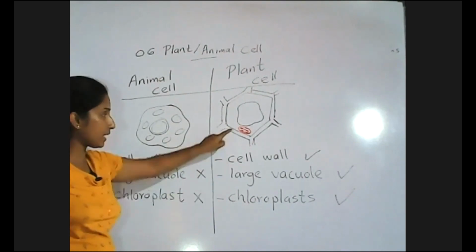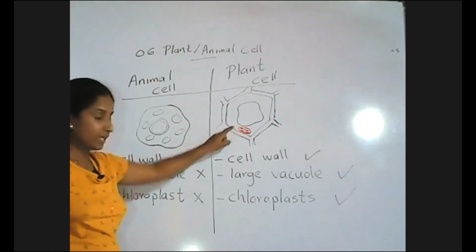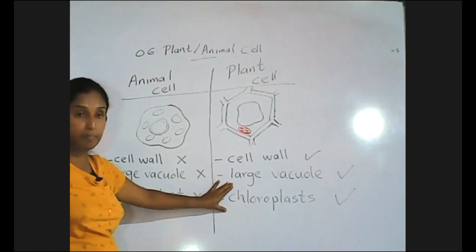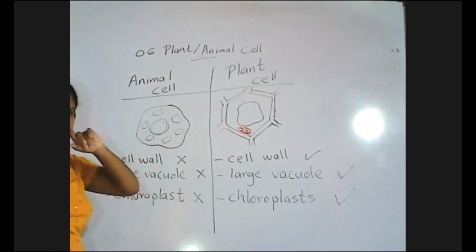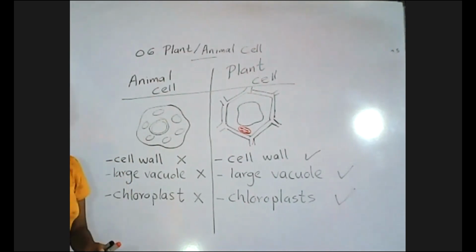Chloroplast is the place where photosynthesis is going on. Inside chloroplast, we can find the pigment chlorophyll, which helps for the photosynthesis. So that is about the animal cell and the plant cell.